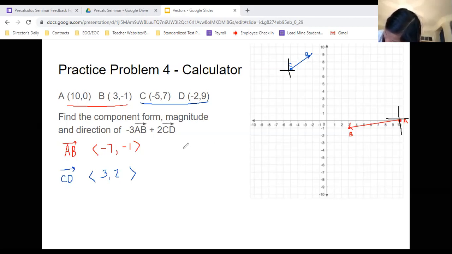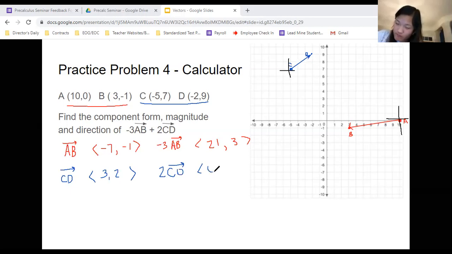So then algebraically, I just need to follow the directions here. I'm doing negative 3 AB. That's some scalar multiplication, so I'm going to multiply each of my components by negative 3. I'll have 21 and 3. And then I need 2 CD, so some scalar multiplication there.